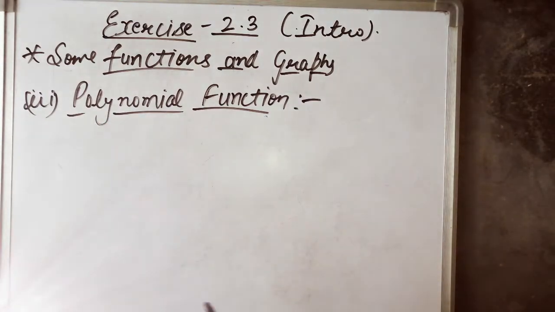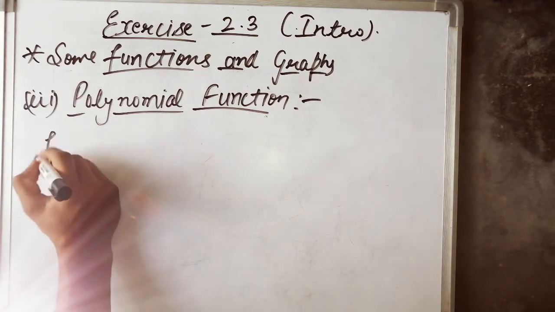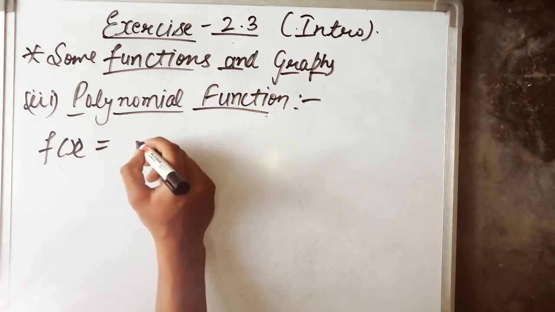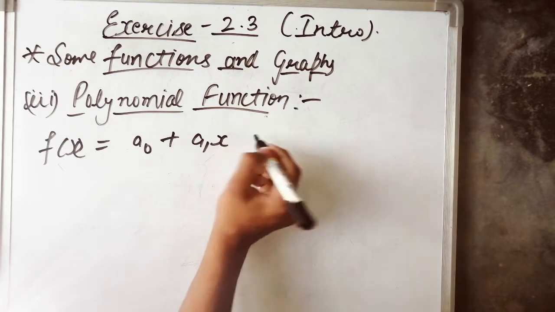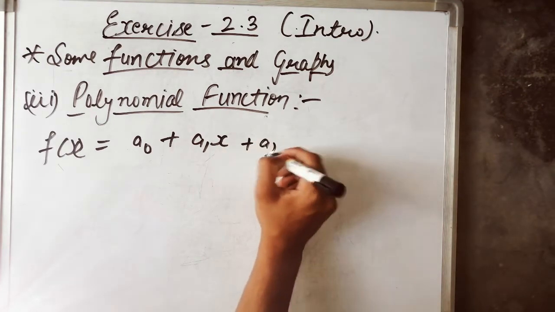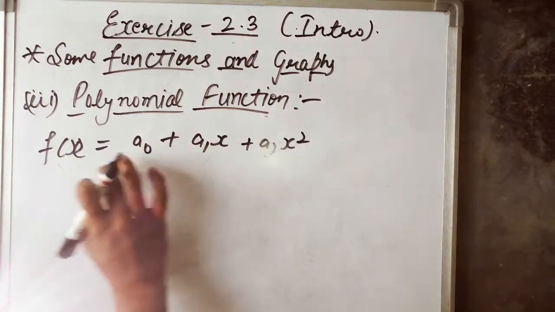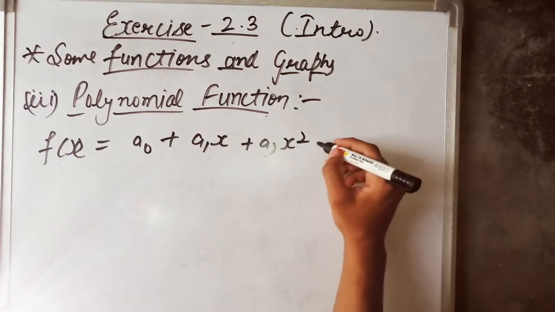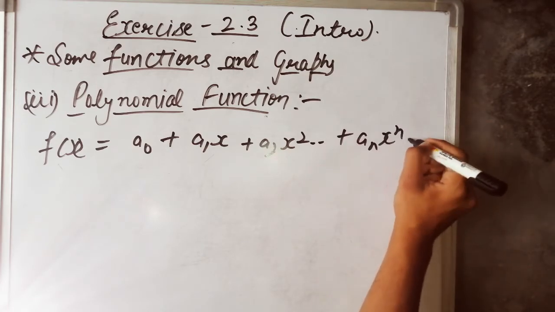Polynomials are terms having powers like this: a0 plus a1x plus a2x squared, and the power of x goes on rising, up to an x to the power n.